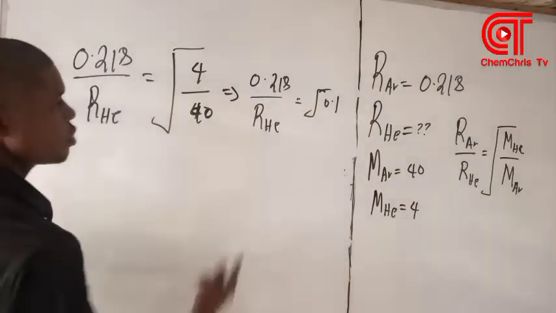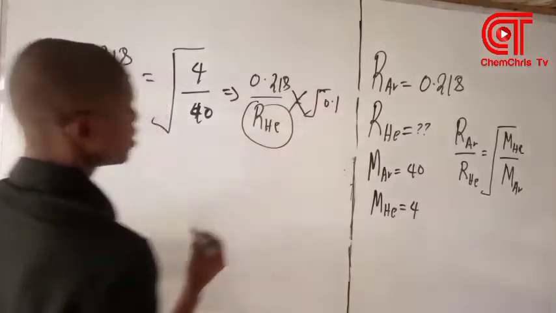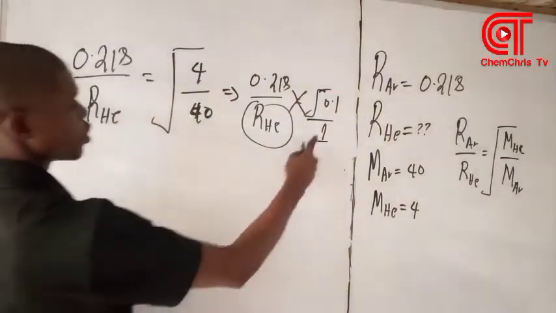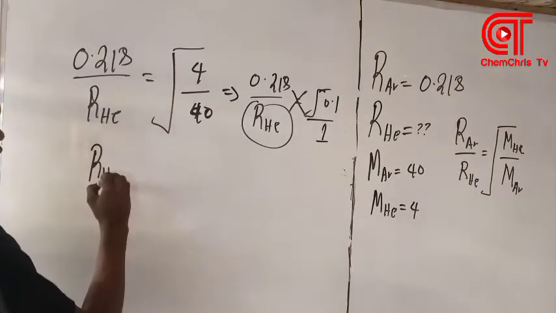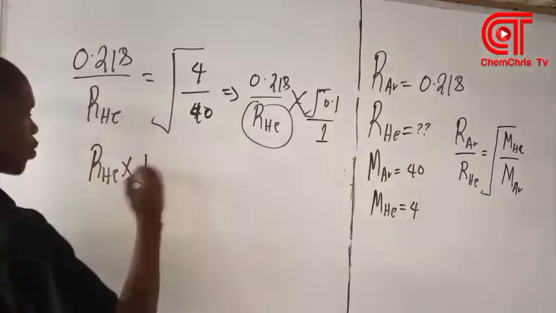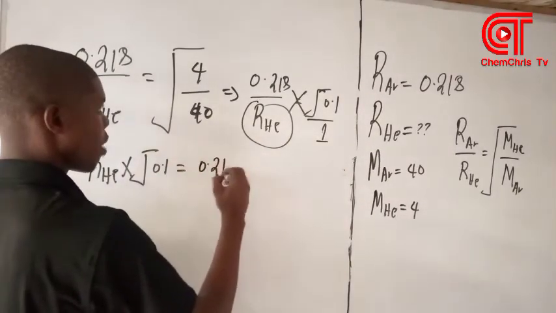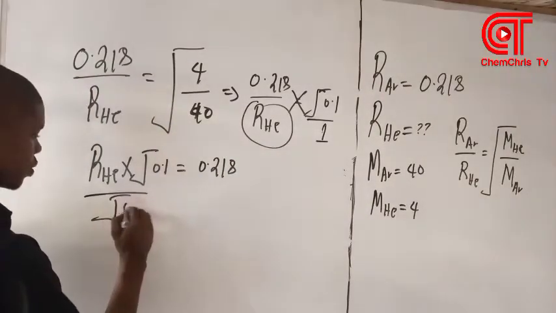You get. So I want to cross multiply, right? So when you cross multiply, what are you going to get? Here we have rate of helium times the square root of 0.1 equals 0.218 times 1, right?